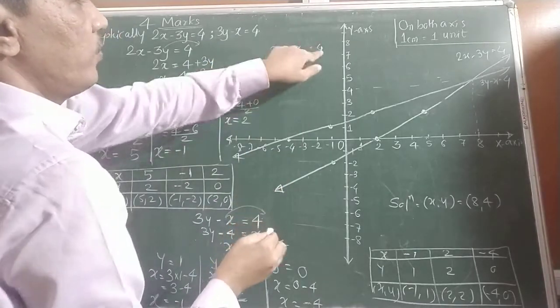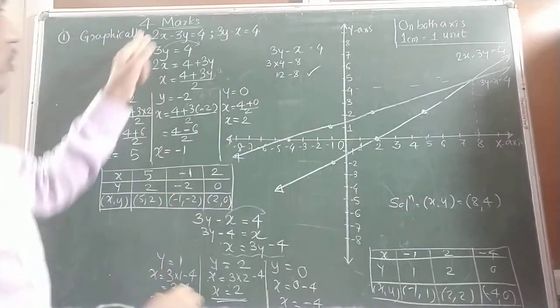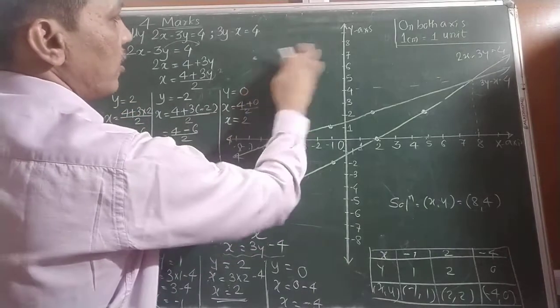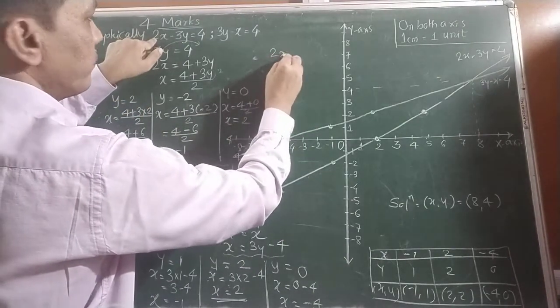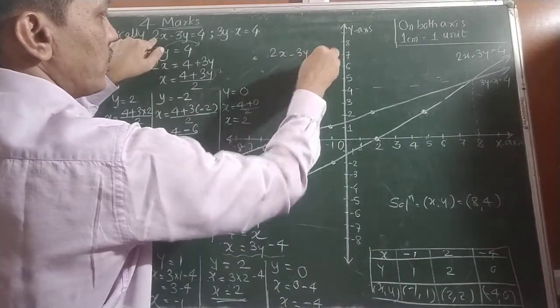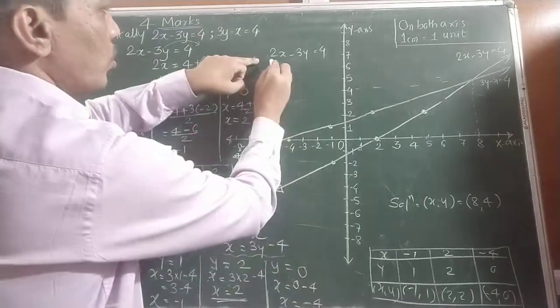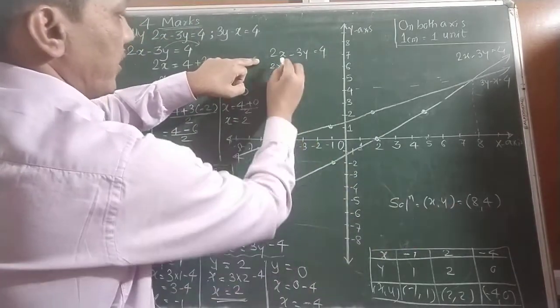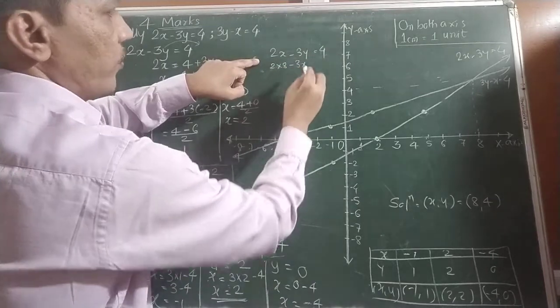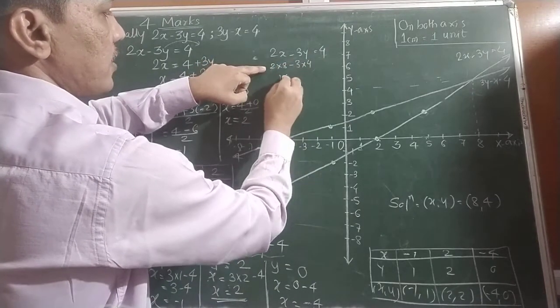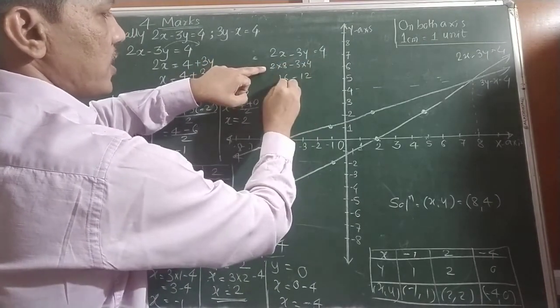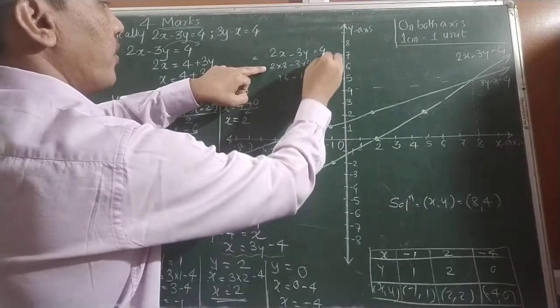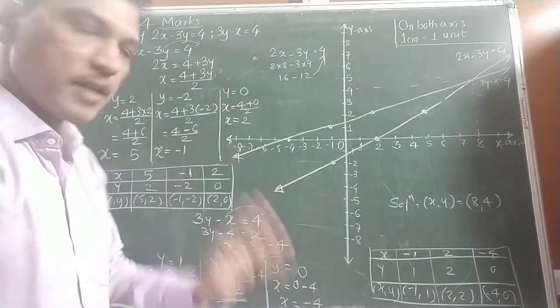What is 12 minus 8? 4. So right. If you put it in the first equation, then also okay. What is the first equation? This is my first equation. What is the x? 8. What is the y? 4. 2 8s are 16. 3 4s are 12. 16 minus 12, again 4. That means my answer is right.